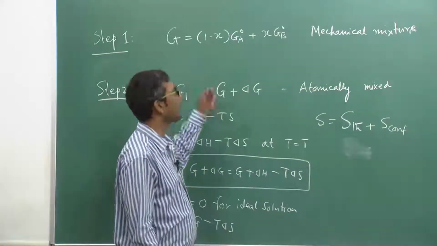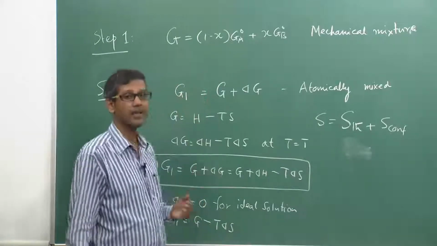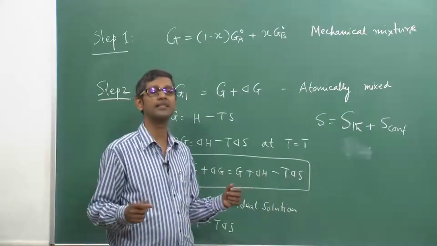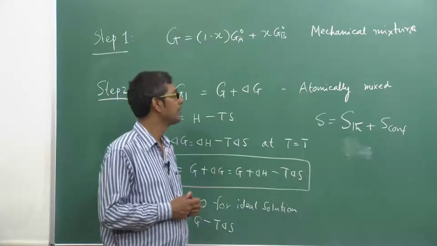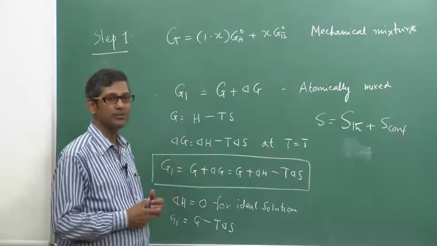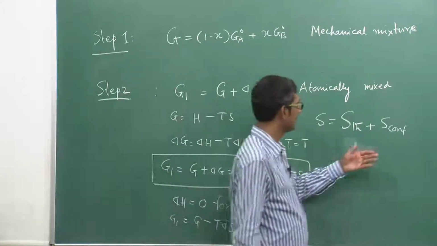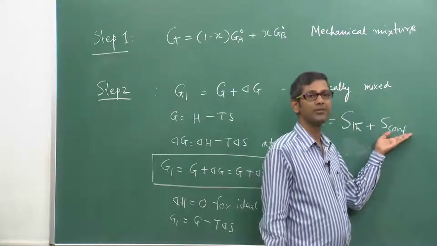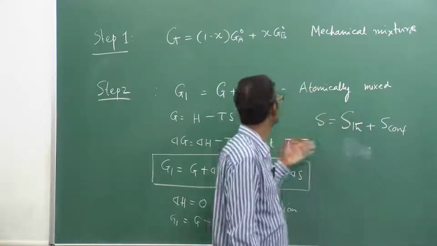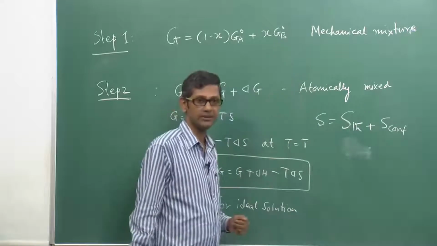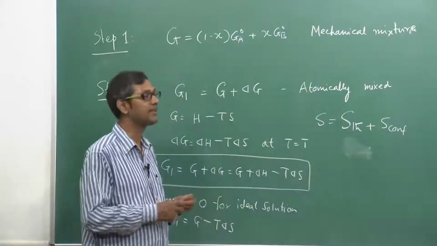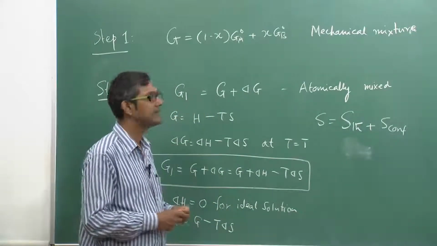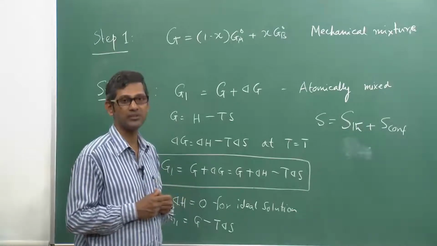Now, if I take two different types of atoms, A and B, and start arranging them in a lattice, that is how you form solutions. There is a change of configuration as compared to pure A and pure B. If I have only pure A atoms and try to arrange them in a lattice, then there is only one possible arrangement.